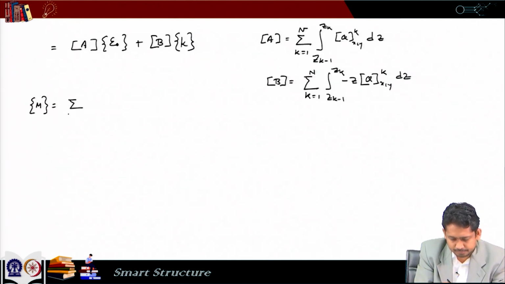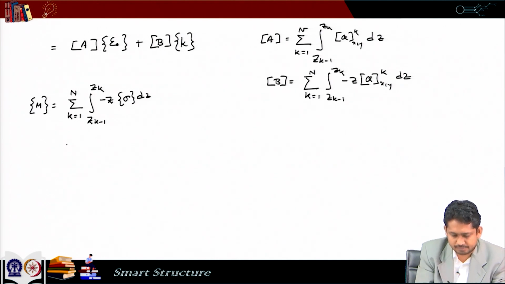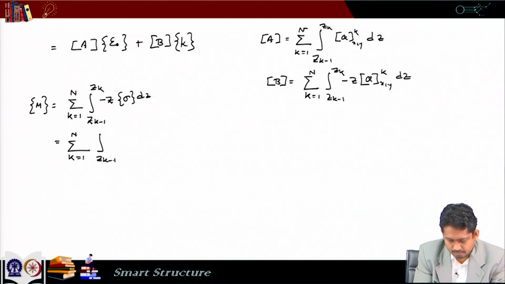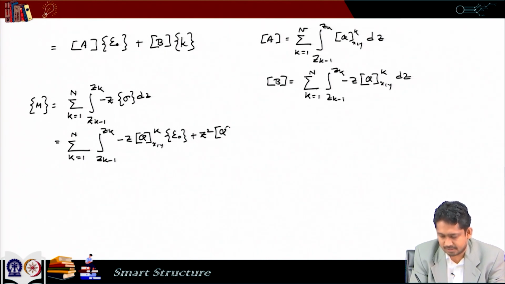So, now we can write the same thing, minus z into stress, and this becomes minus z into q multiplied by epsilon 0 plus z square multiplied by q into kappa, and this entire thing is integrated and summed over.